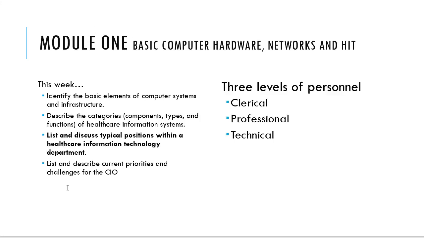The third objective for this week is to talk about the typical positions within a healthcare information technology department. And there's really three levels of personnel in an IT department. In any IT department, but specifically in healthcare IT, we're looking at clerical, professional, and technical personnel.